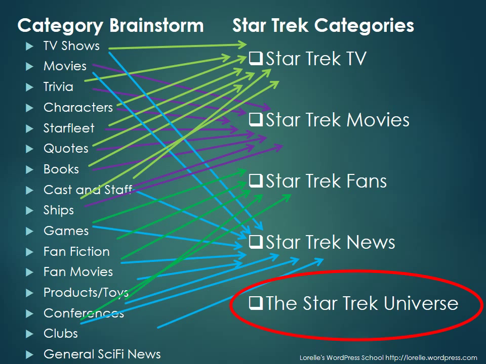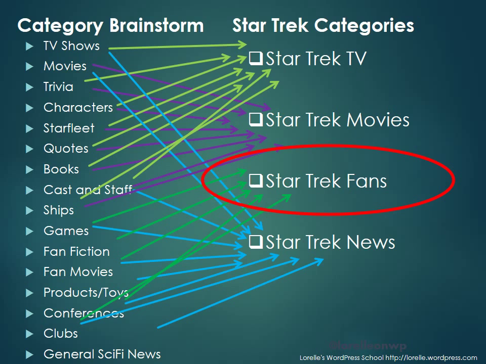I was really excited. I thought this was a brilliant category. But everything goes in there. So I put everything in Star Trek universe plus TV, movies, fans, and news. Maybe I don't need that category because the other categories are doing their job. Let's get rid of it.